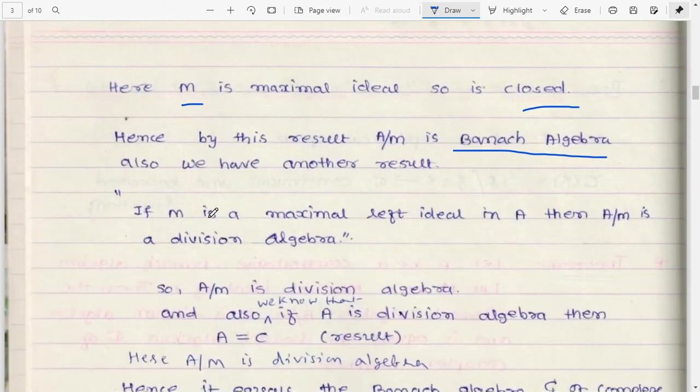And also we have the result, if M is a maximal left ideal in A, then A by M is a division algebra.